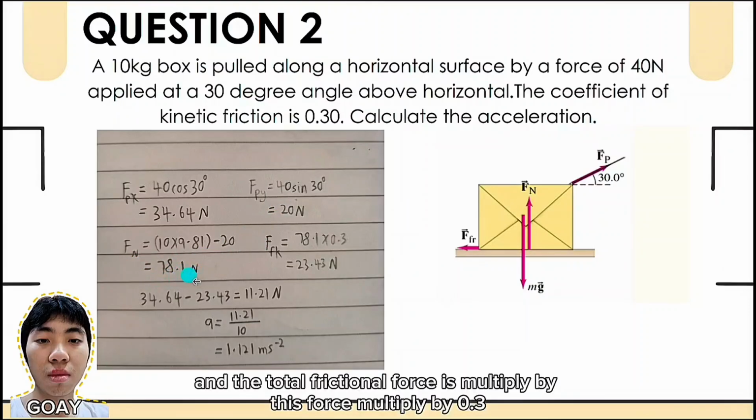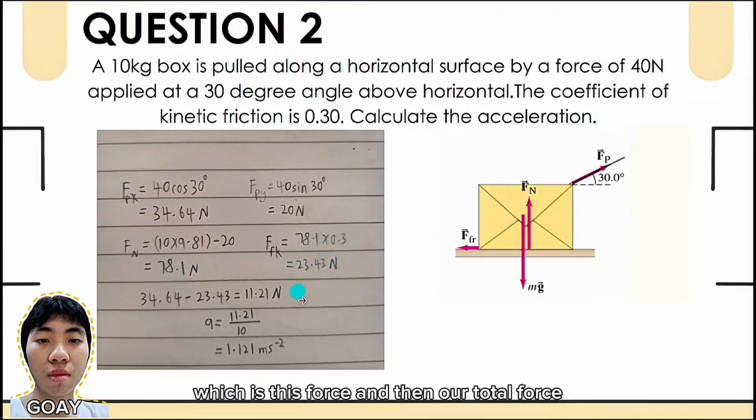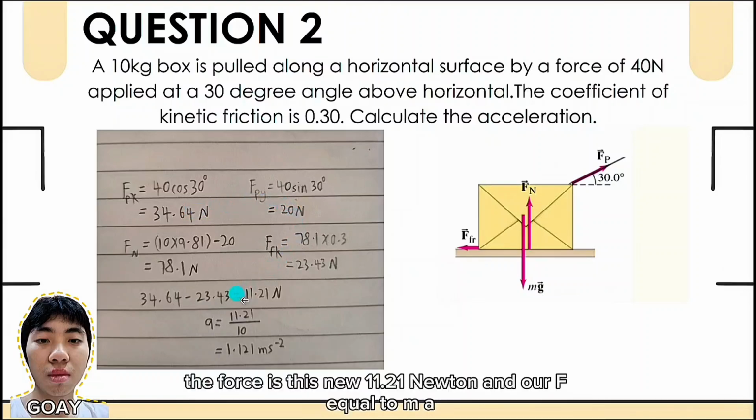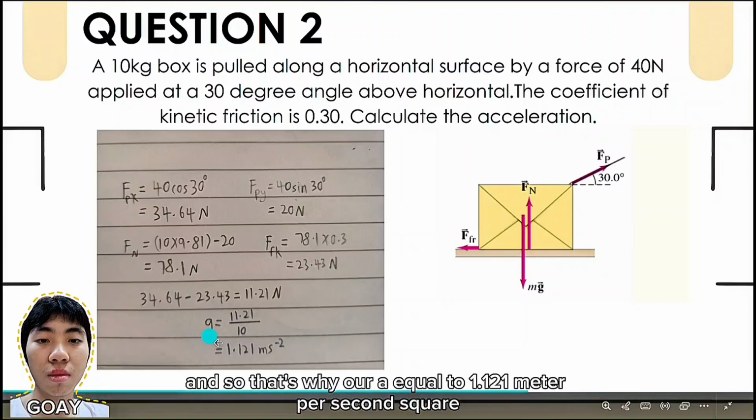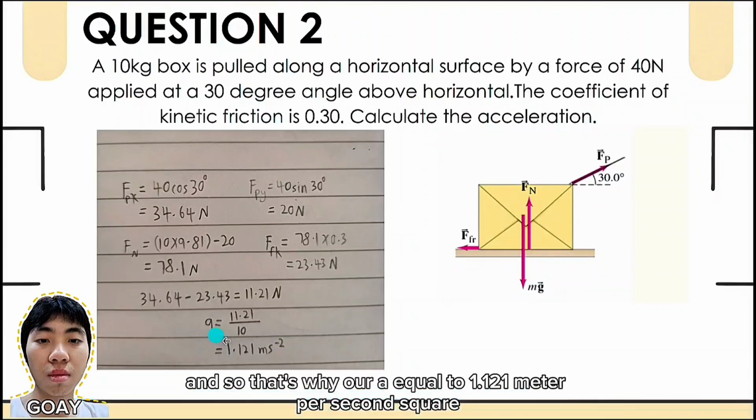The total frictional force is this force multiplied by 0.3, which is this force. Then our total force, which is our pulling force minus our frictional force, is 0.21 Newton, and F equal to ma, so that's why our a is equal to 1.121 meters per second squared.